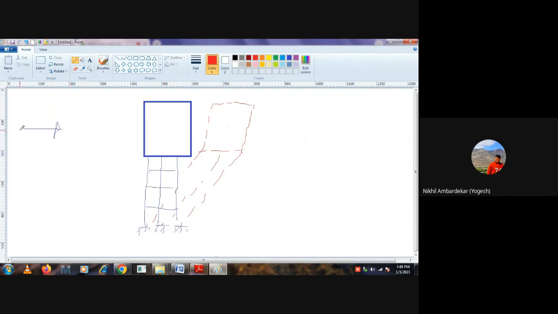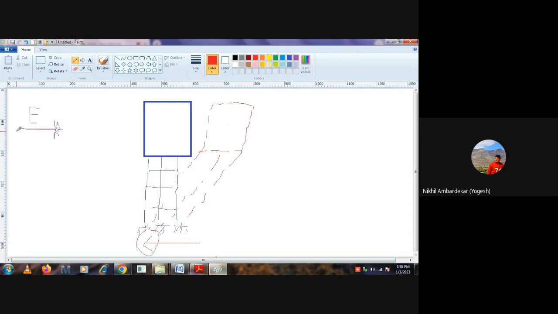So if I try to draw the equal and opposite equilibrium, this is the earthquake force, and definitely there will be some equilibrium force to resist this. This amount will be the same as this amount.